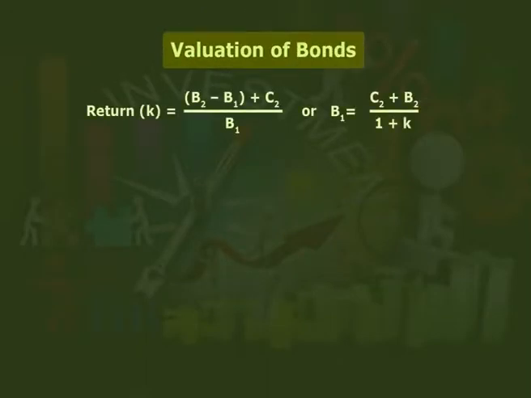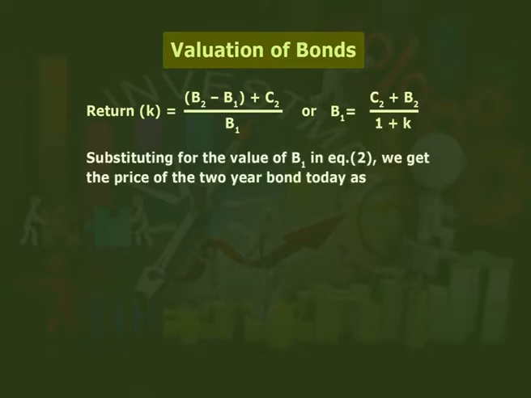Assuming now that the bond has 2 years of maturity, if we buy the bond at the end of the first year at B1, and sell the bond at the end of the second year at B2 after we receive the coupon C2, we can calculate the return earned in the second year as Return = [(B2 - B1) + C2] / B1, or B1 can be equal to (C2 + B2) / (1 + K).